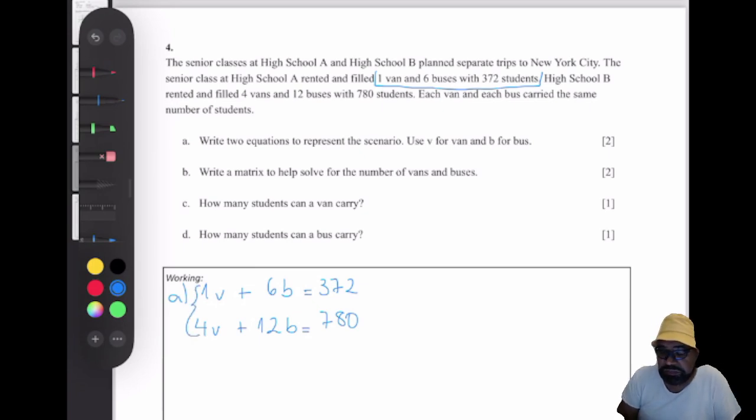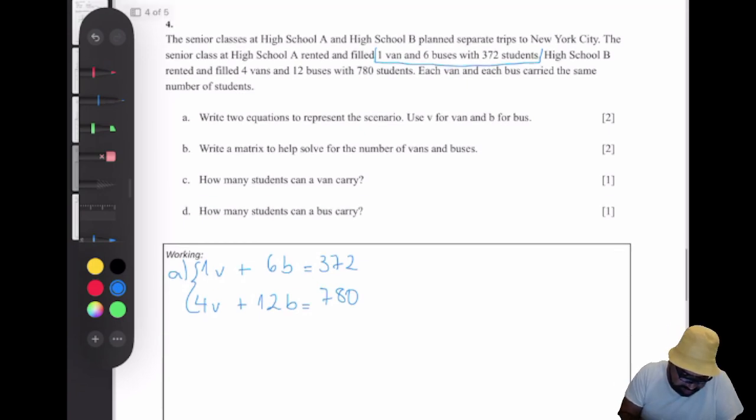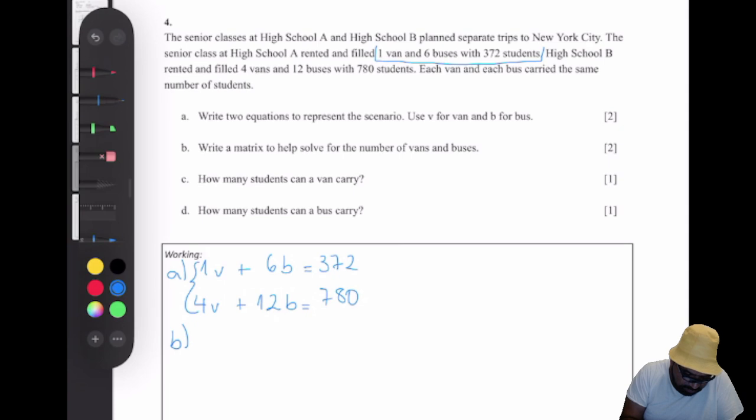We can just plug it in the calculator, which we know already. The matrix is question B. Write down the matrix. What is the matrix here? Row A: 1, 6, 372, and row B: 4, 12, and 780.